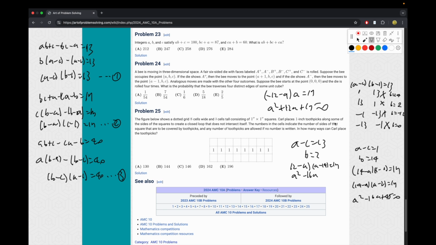Let's check our equations again, because there's no other. Okay, when we subtract our first two equations, we have b times a minus c. Yeah, it is right. There's nothing wrong with it.